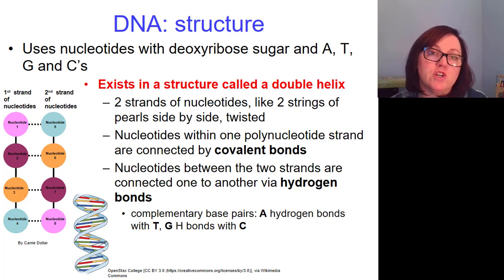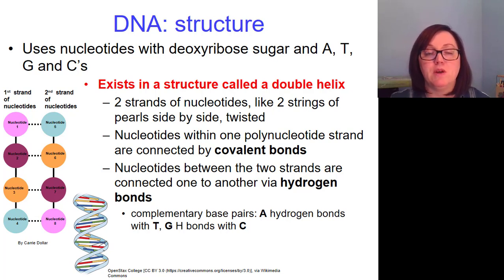In terms of its structure, DNA is composed of nucleotides, many nucleotides strung together. All of these nucleotides have the deoxyribose sugar, and then they use one of the four nitrogenous bases, A, T, G, and C. DNA is found in a structure called a double helix.